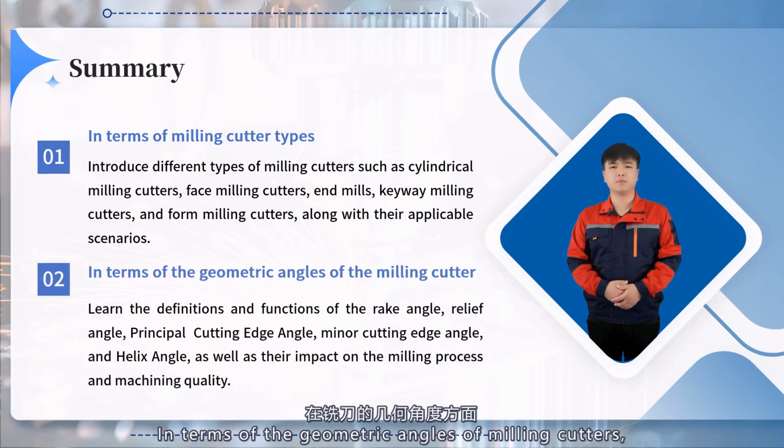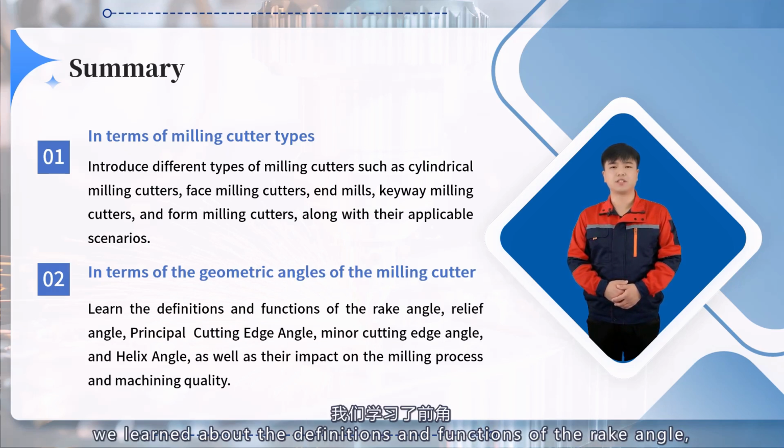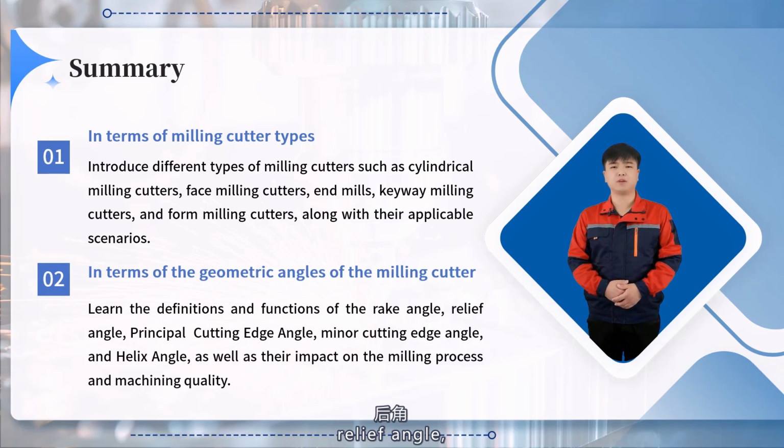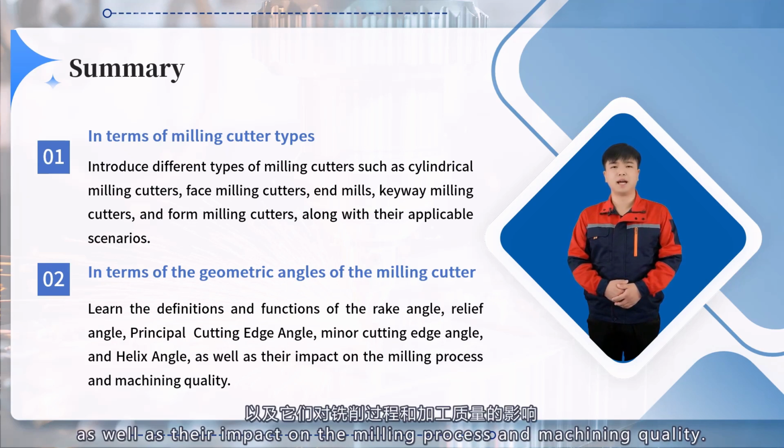In terms of the geometric angles of milling cutters, we learned about the definitions and functions of the rake angle, relief angle, principal cutting edge angle, minor cutting edge angle, and helix angle, as well as their impact on the milling process and the machining quality.